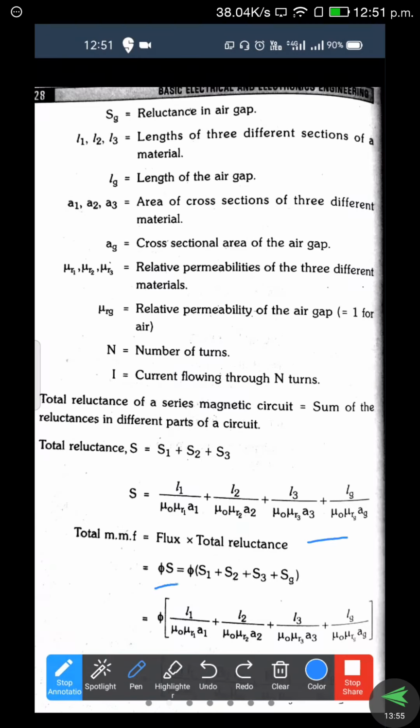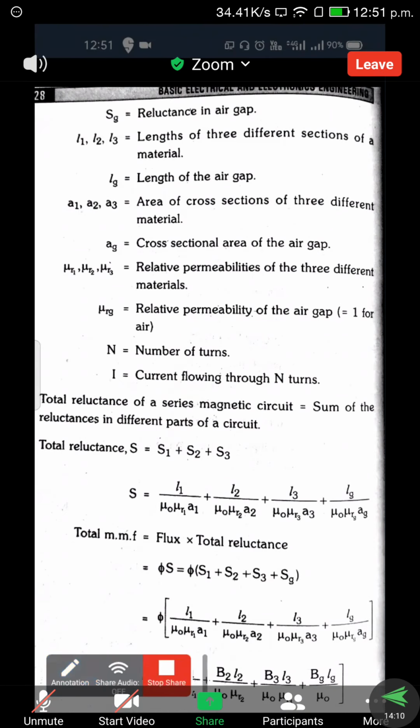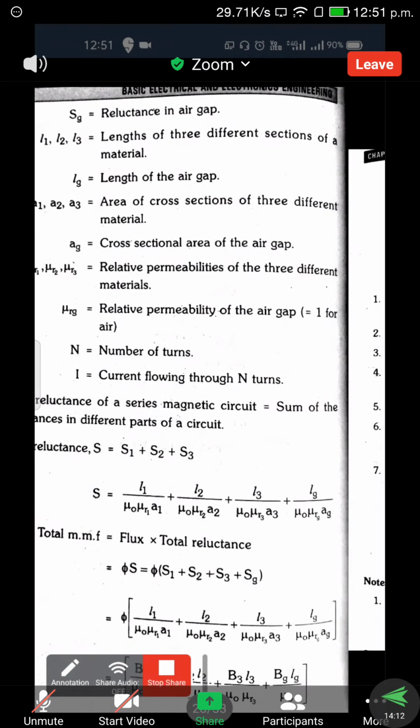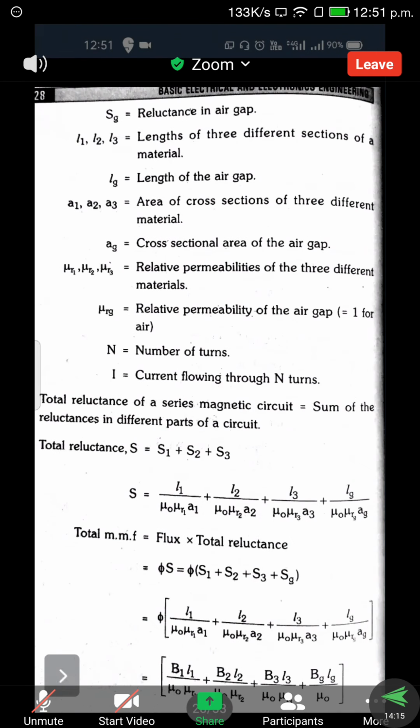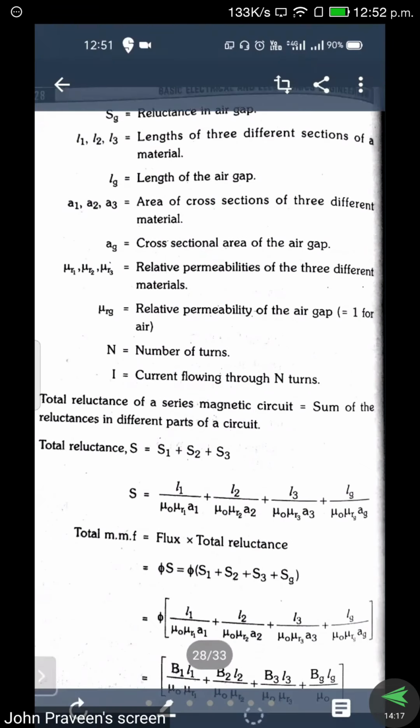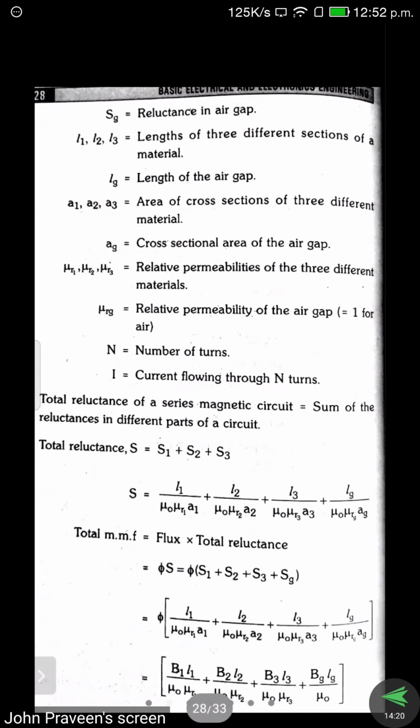Then we substitute the values of phi and S in this formula. Phi times S, where instead of S we write S1 plus S2 plus S3 plus SG. Then we substitute the S1, S2 and S3 values, and the equation becomes phi of L1 by mu naught into mu R1 A1 plus L2 by mu naught mu R2 A2 plus L3 by mu naught mu R3 A3 plus LG by mu naught mu Rg Ag.